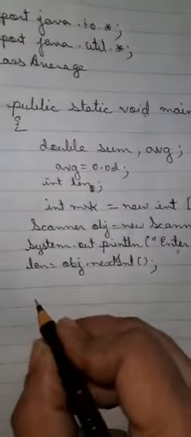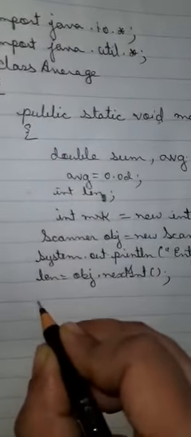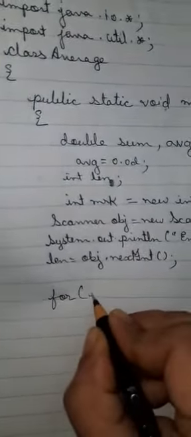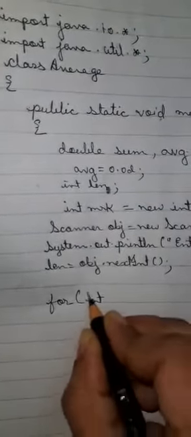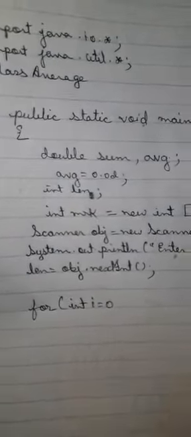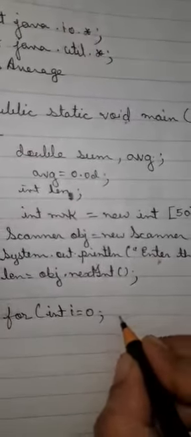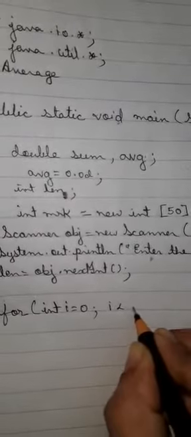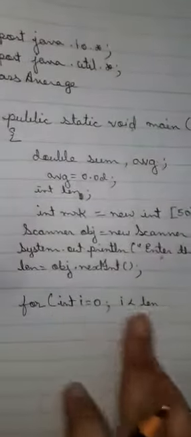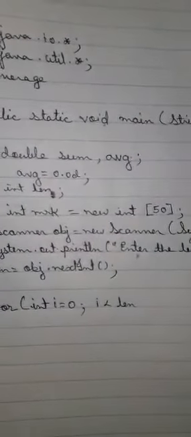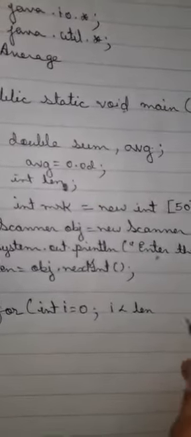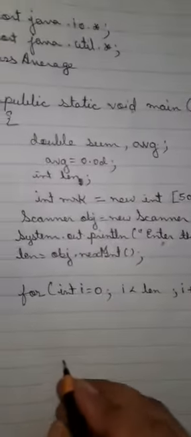Let's see how. for(int i=0; i<len; i++), because the index starts from 0 and continues up to the length, so that many marks it will accept.